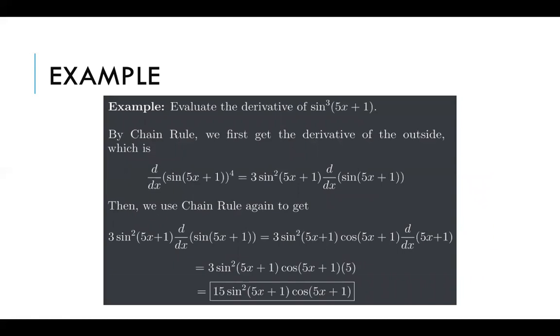For the third problem, we have this one problem. So as we can see, it is a combination of the trigonometric function being inside and another algebraic function inside the trigonometric function. So we will utilize the chain rule again.